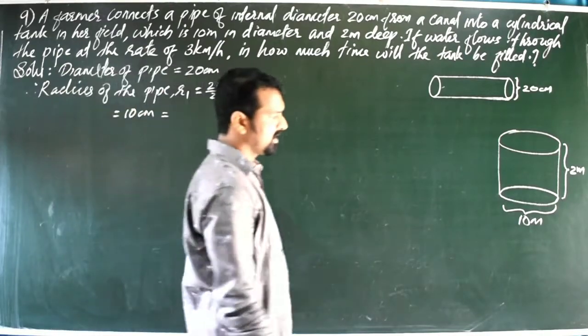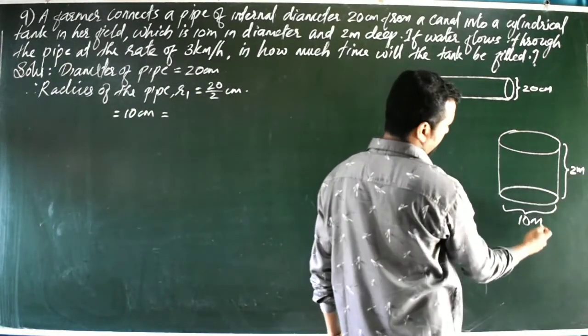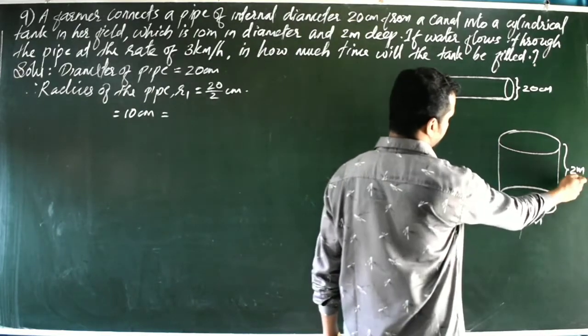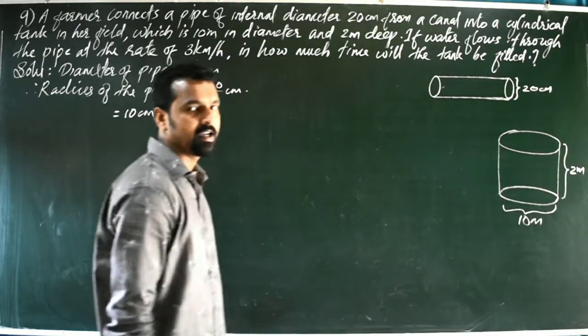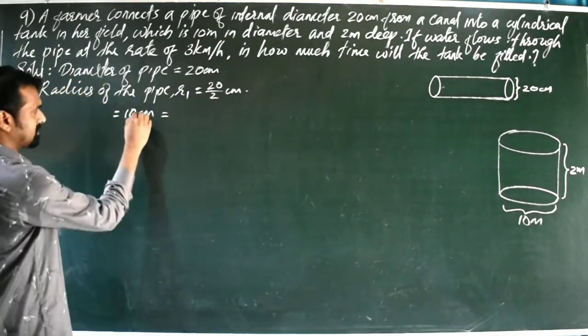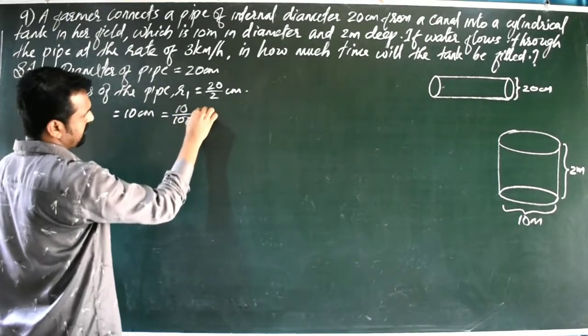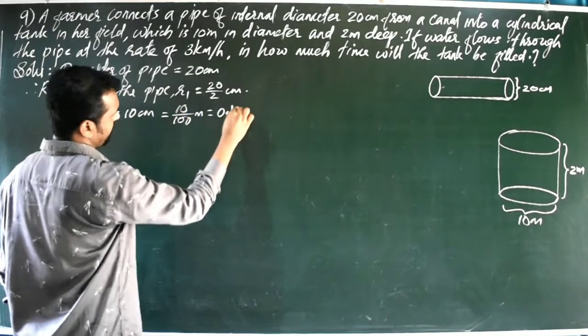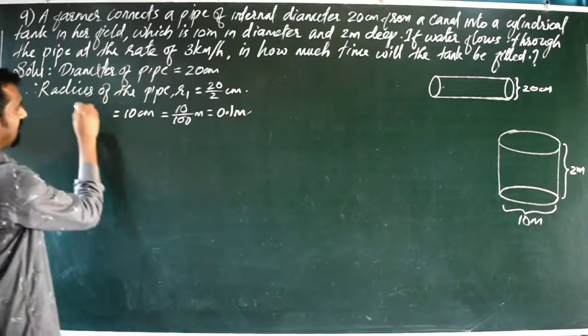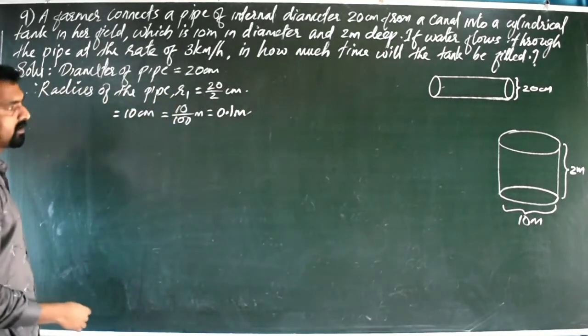Why? Because in the tank also its dimensions are given in meter, diameter 10 meter and depth 2 meter. So this centimeter also we will convert into meter. 10 centimeter is equal to 10 divided by 100 meter, that is equal to 0.1 meter. Radius of the pipe is equal to 0.1 meter.